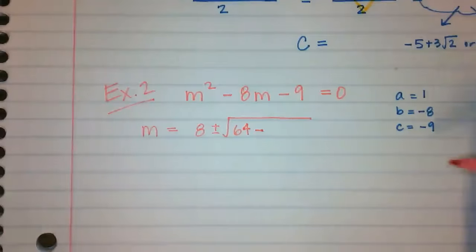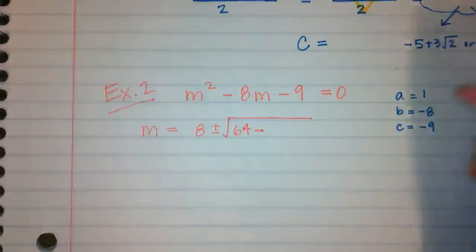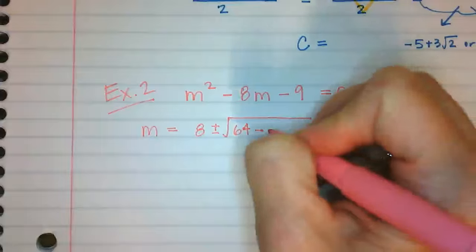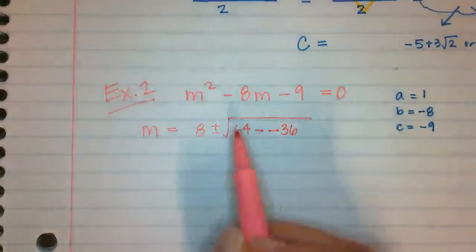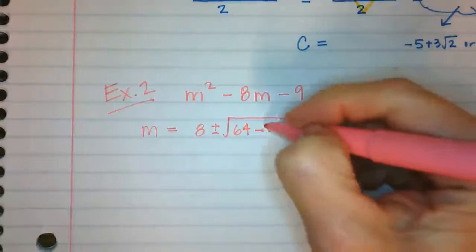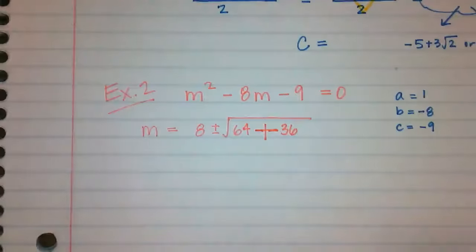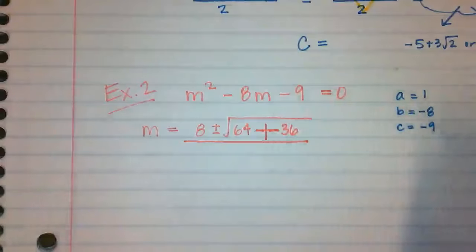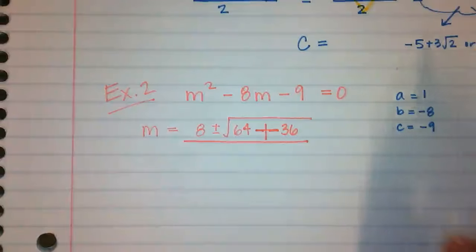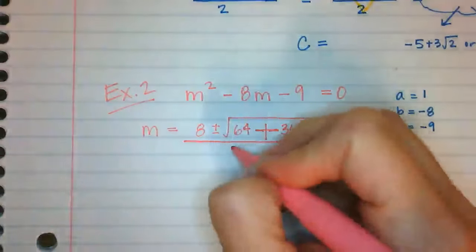Now I need to multiply 4 times A times C. So 4 times 1 times negative 9 is going to give me a negative 36. But remember, we're subtracting a negative, so that becomes a plus. And then all of that is going to be over 2 times A, which is 2.